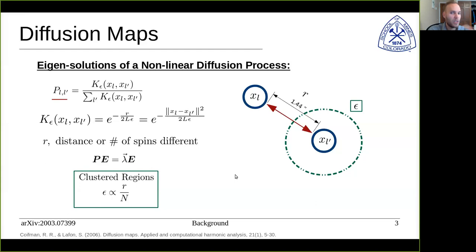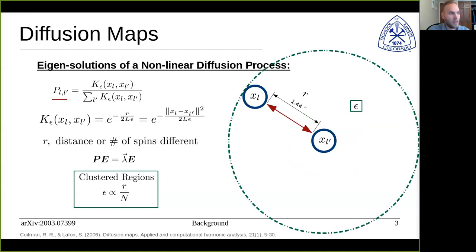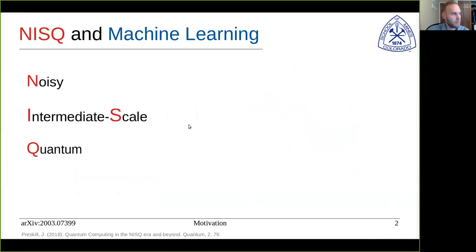Whichever sections of samples are connected by this diffusion process are considered a cluster. So if you expand epsilon, you would have a reasonably high transition probability between these two, and they would likely be considered a single cluster. That's just a 2D representation of the Gaussian kernel here.